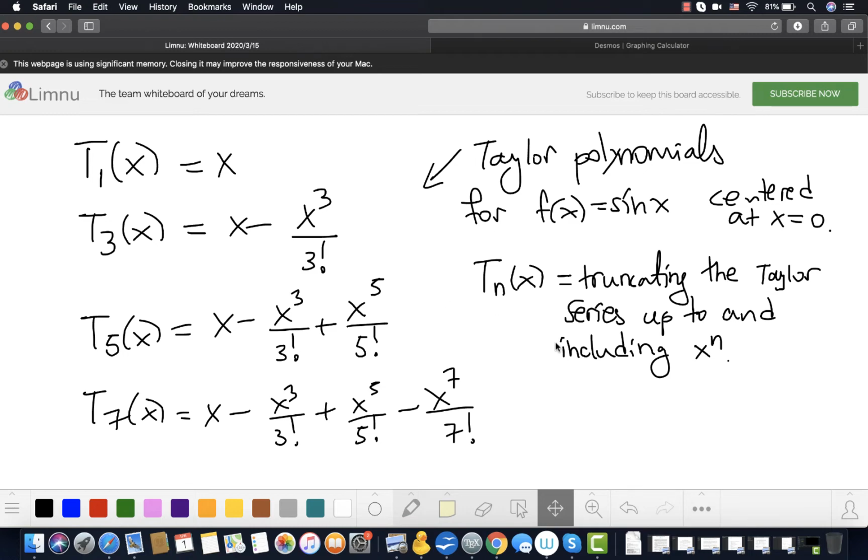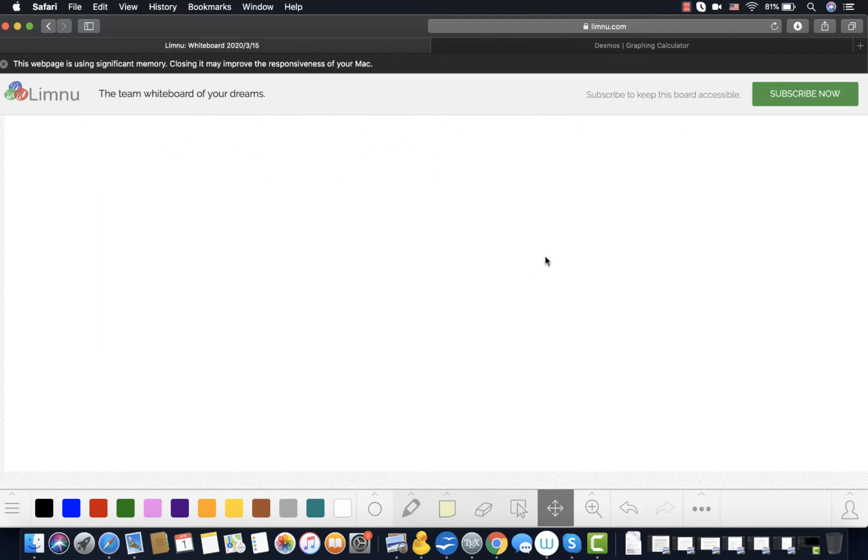Okay, so let's move on and talk about Taylor series in general, not centered at 0, but with an arbitrary center.